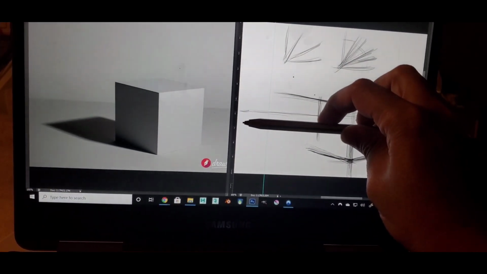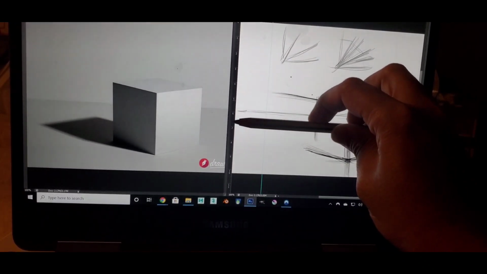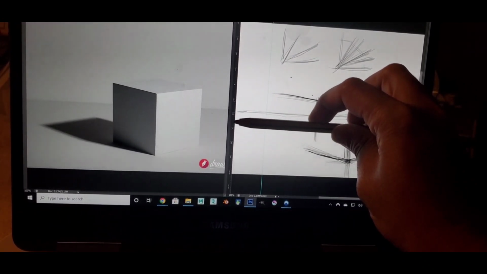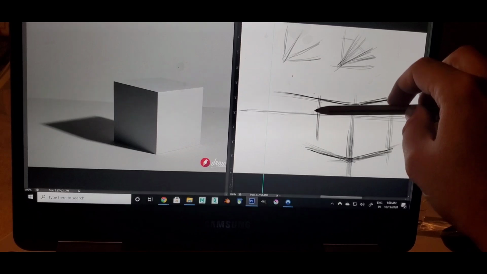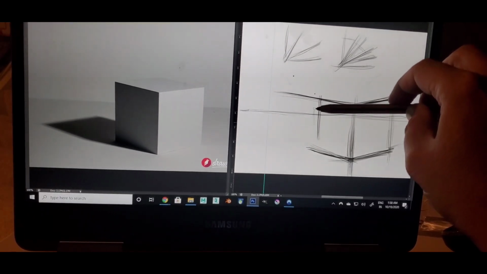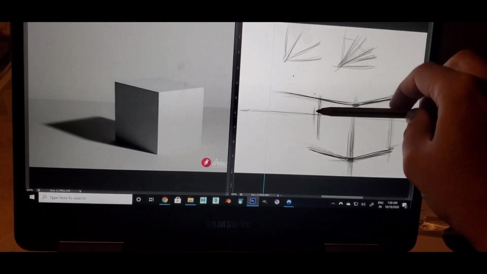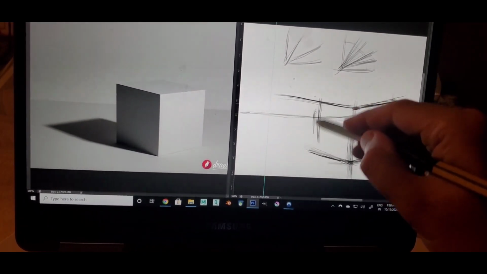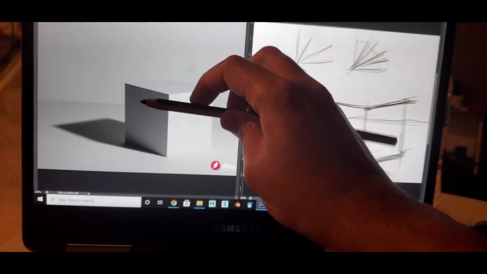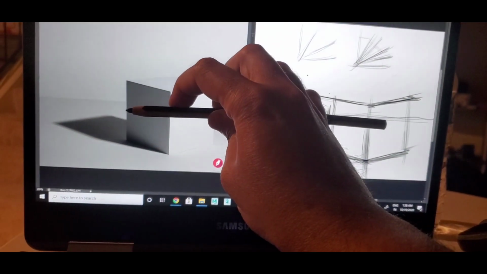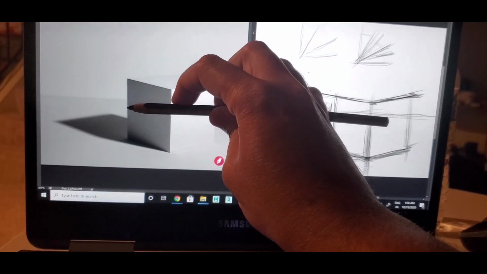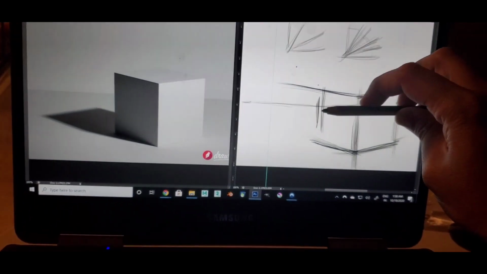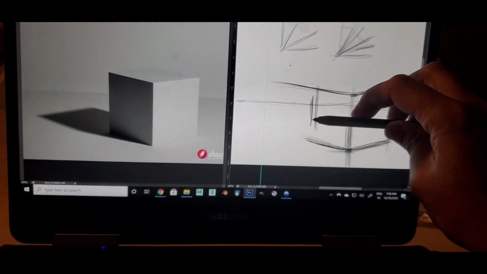So it's not fitting correctly. I have to move slightly over here. See that? Now it's better. Again cross check this. And check this now. Yeah.